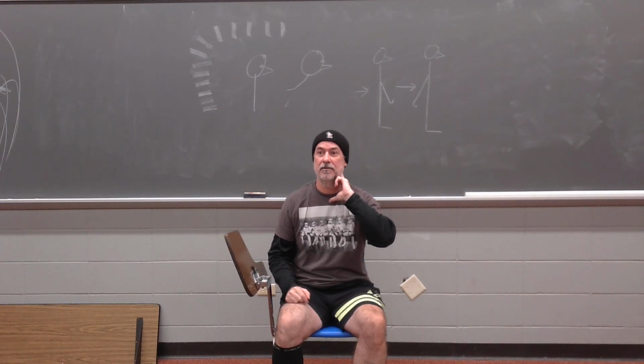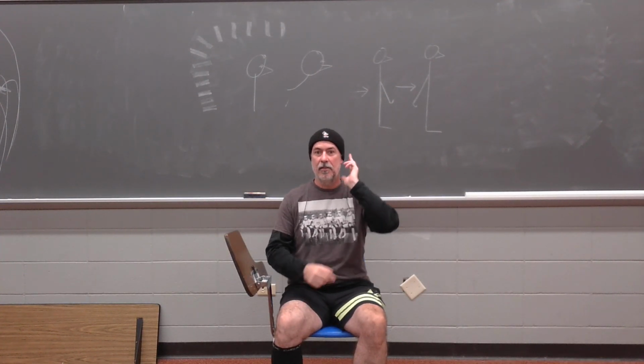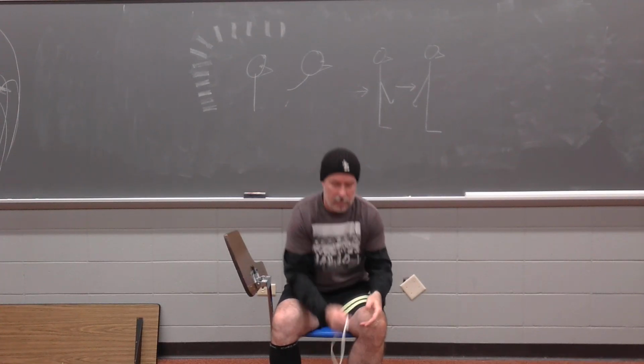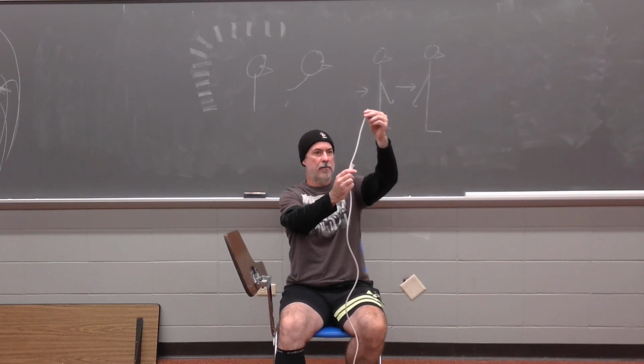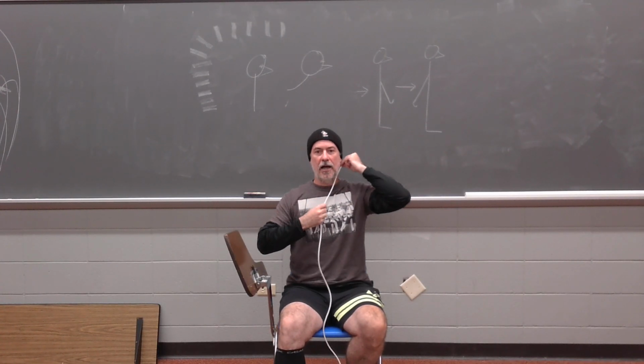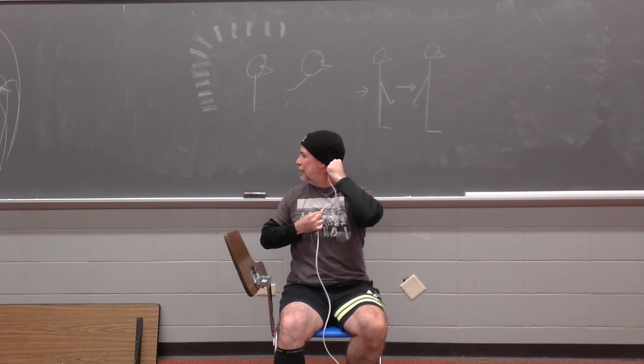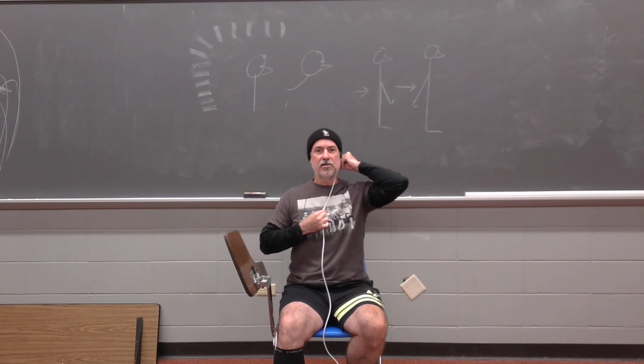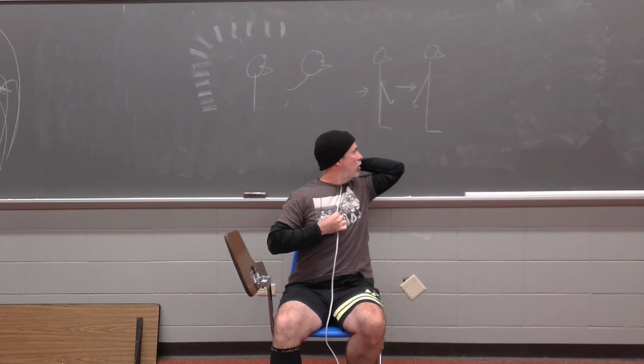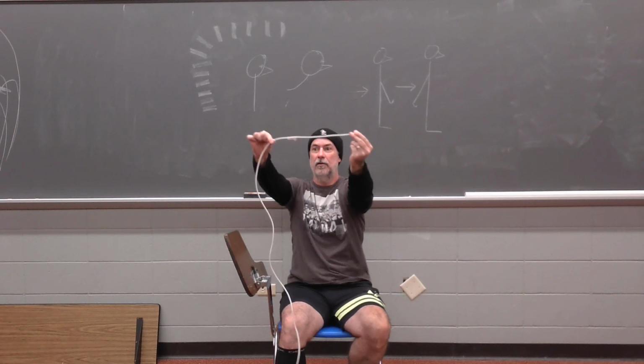It's like a replacement. This muscle, look, this is the reason I put the tape, to show you how it gets shorter when you look to the right, and how this muscle gets longer when you look to the left.